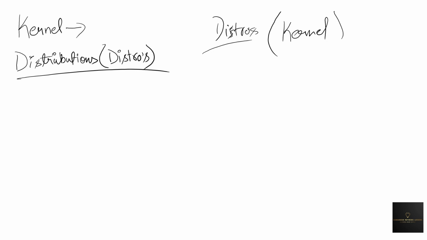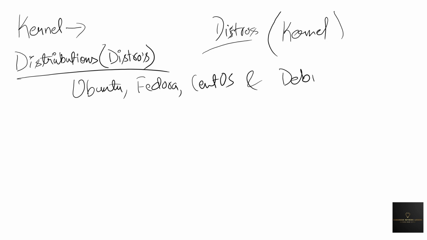Popular distributions include Ubuntu, which you might have heard about, Fedora, CentOS, and Debian. Ubuntu is based on Debian, but Debian is also a separate distribution. Different distributions cater to different needs and preferences, offering a variety of features and user experiences.